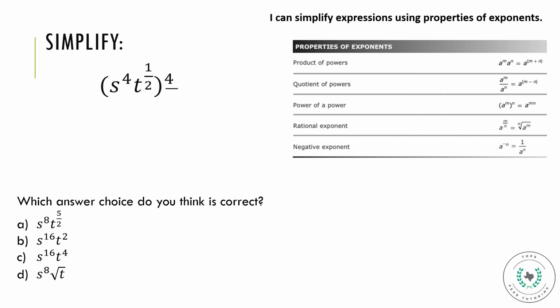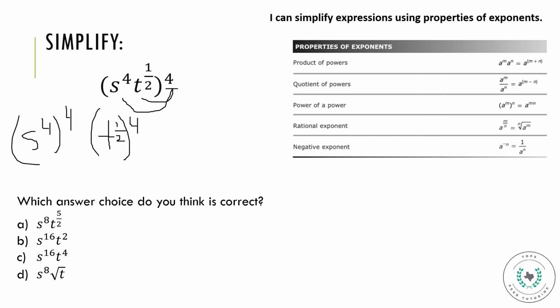We're taking this exponent and we're distributing it to everything inside the parentheses. So s to the power of 4, done to the power of 4, and t half done to the power of 4. Now this can turn into s 4 times 4, which will give you s to the power of 16.